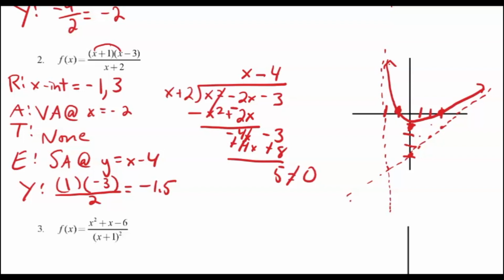And because we can't touch that slant asymptote, it looks something like this. And that would be how you would sketch that graph. So you can see how you can get a good sketch of these graphs without ever having to use a table or a graphing calculator, just by using this rational graphing organizer.